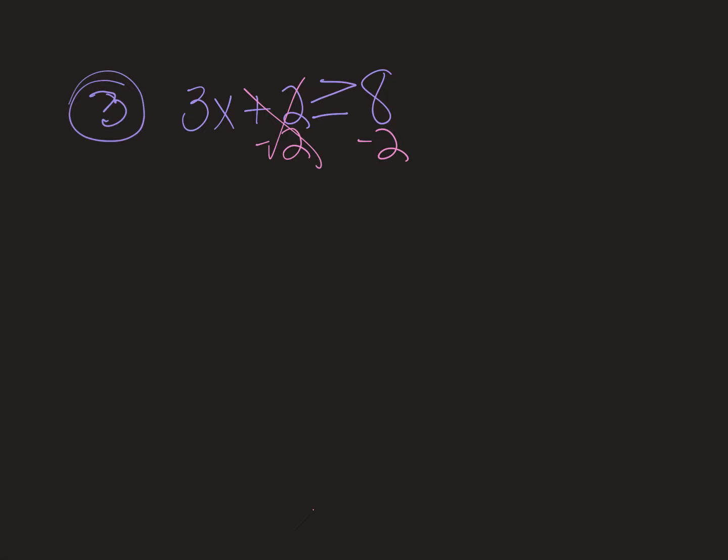And that cancels out because negative 2 plus 2 is 0. So you've got 3x is greater than or equal to 8 minus 2, which is 6. Divide both sides by 3. x is greater than or equal to 2. That's your answer for number 3.